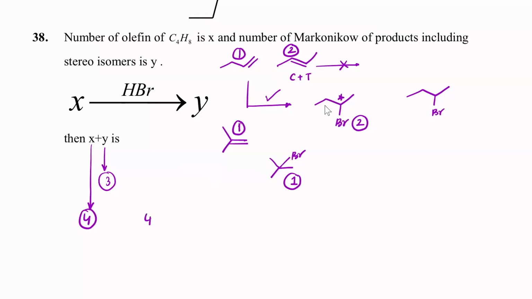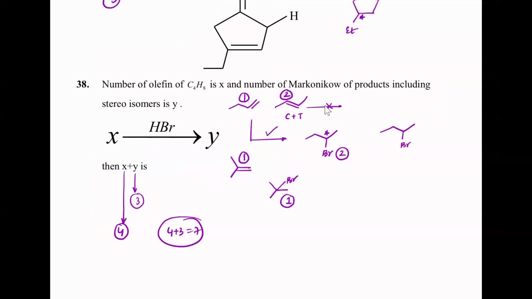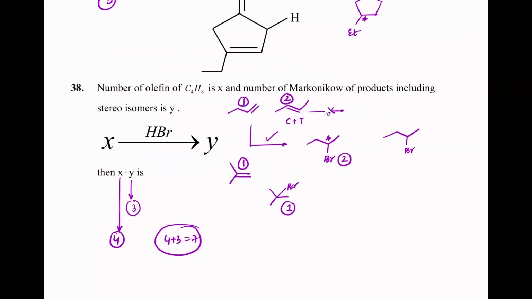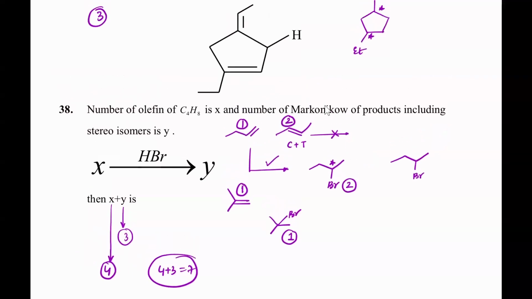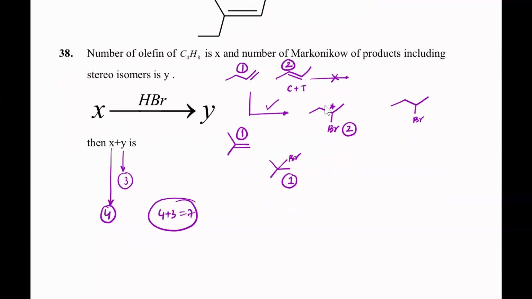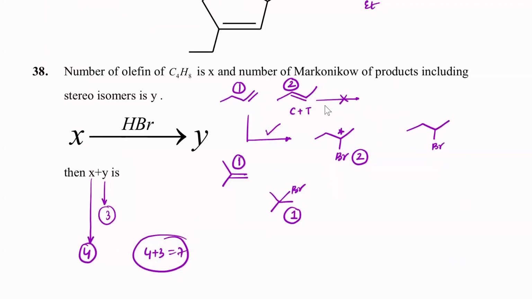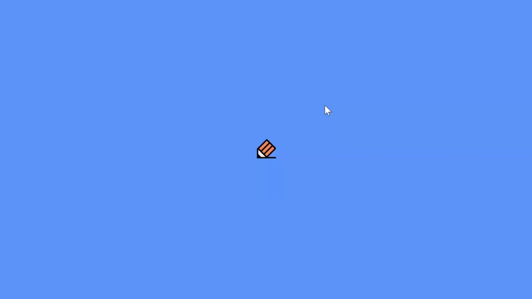So question asked is X plus Y. So 4 plus 3 is 7. Everybody got that? Right, everyone. Let's go to the next assignment quickly.